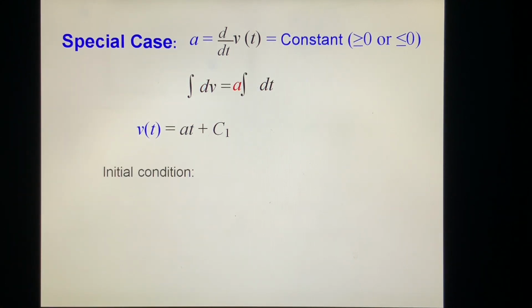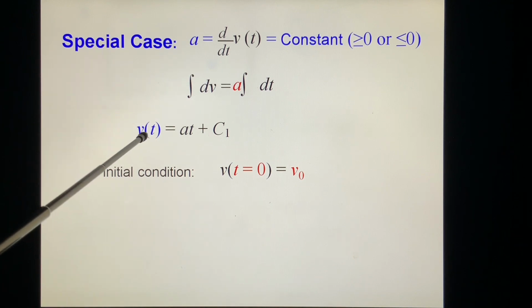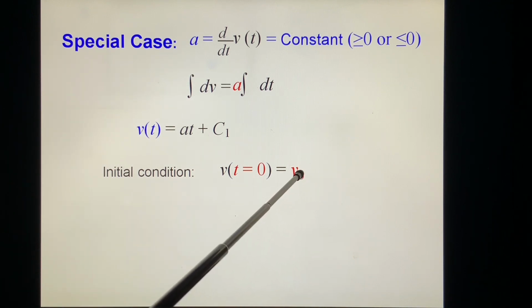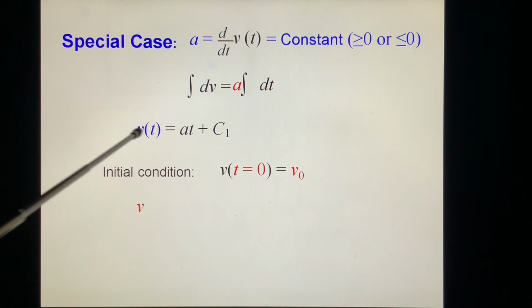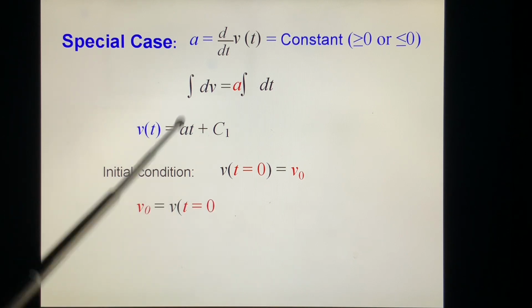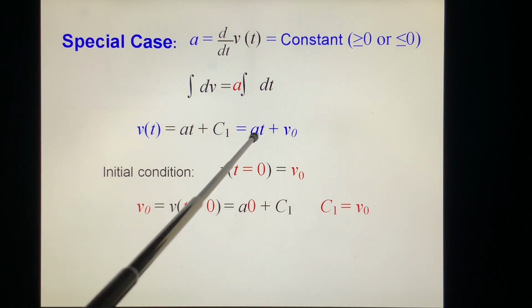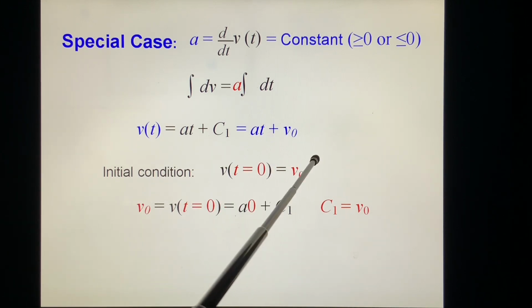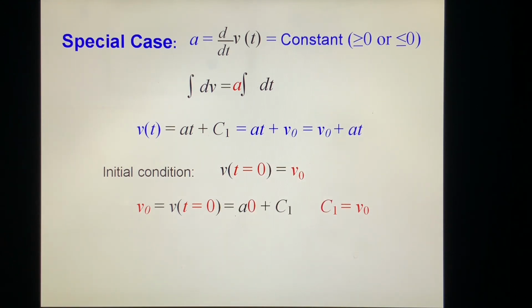This constant is the initial condition. When t equals 0, v equals v0. This is called the initial velocity. So we find c1 equals v0, and we put it inside. We get at plus v0, and we rearrange them to v0 plus at. We're familiar with that one.